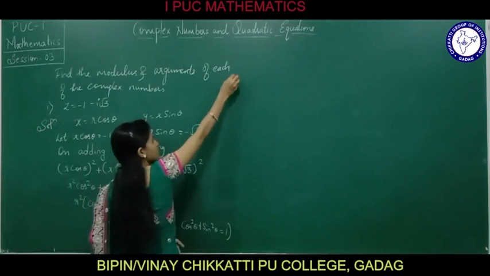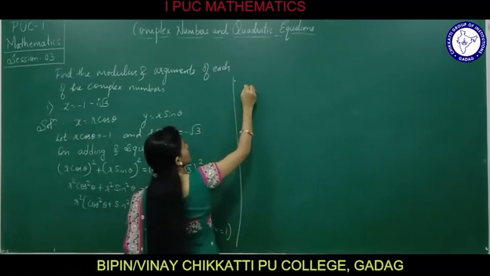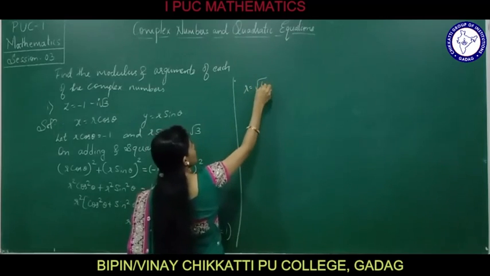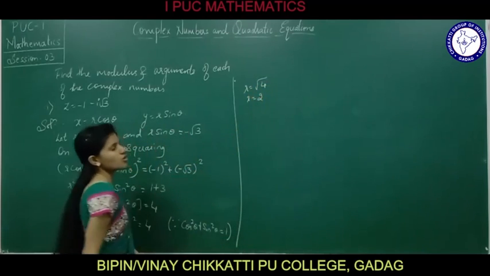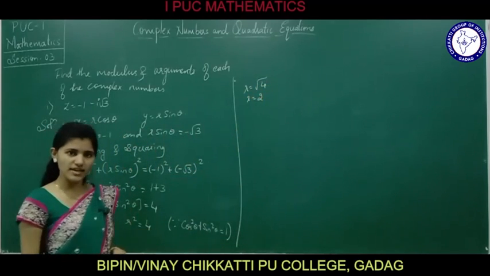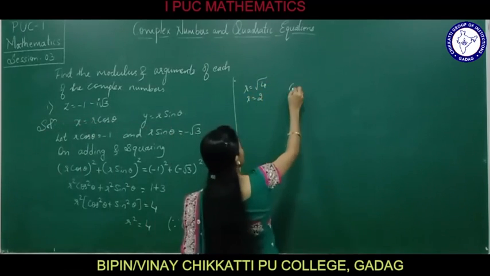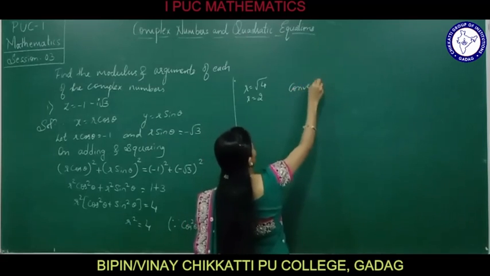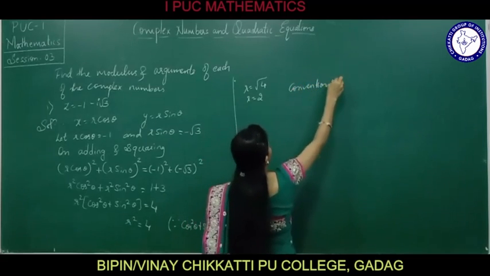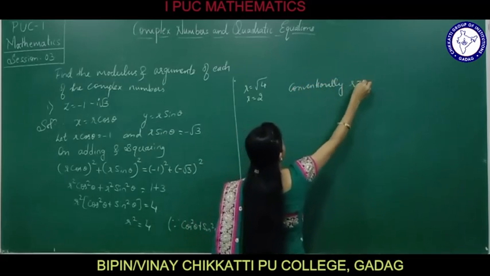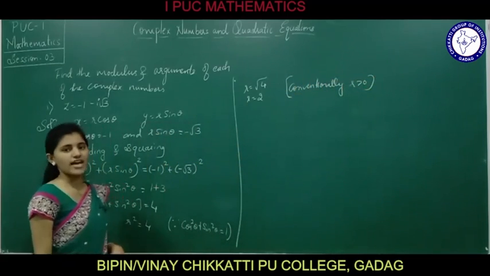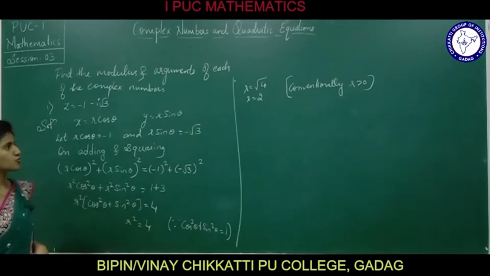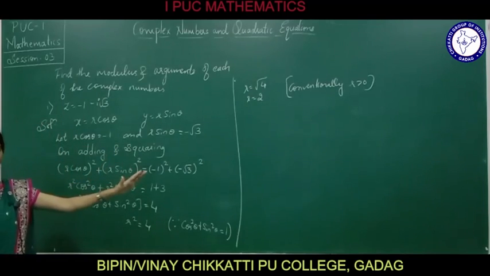Then r will be equal to root of 4, which is nothing but r is equal to 2. Why haven't we taken plus or minus? Because conventionally, r is greater than 0. That is why we have taken r is equal to 2. So now we got the value of r.